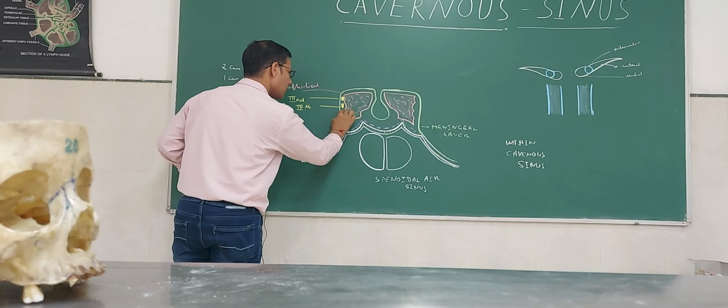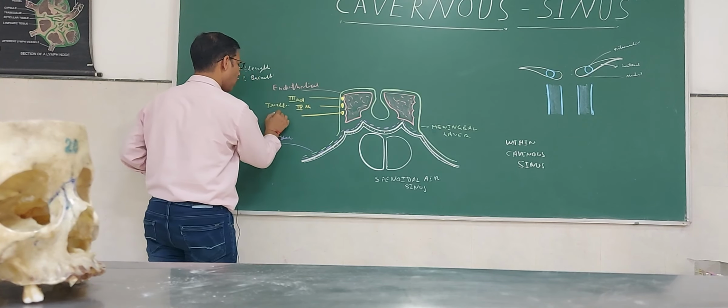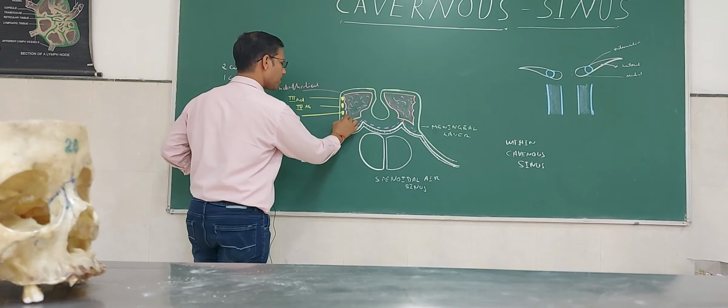Just below this, the fifth one, the ophthalmic nerve, again lying in the same place.